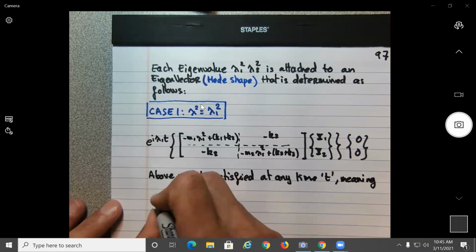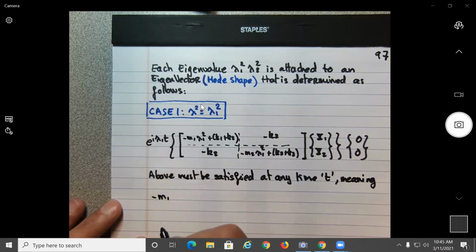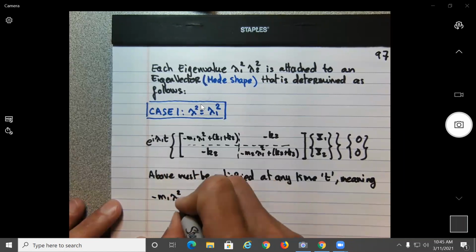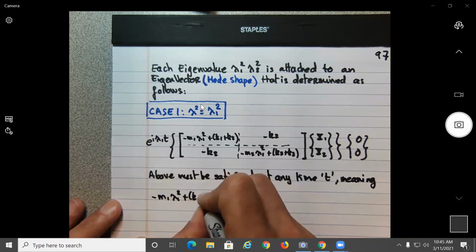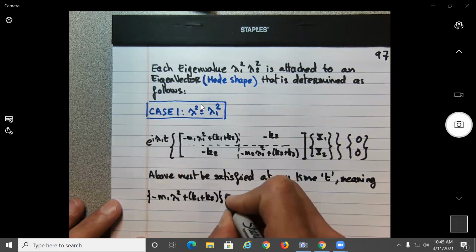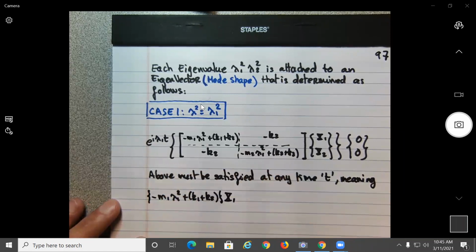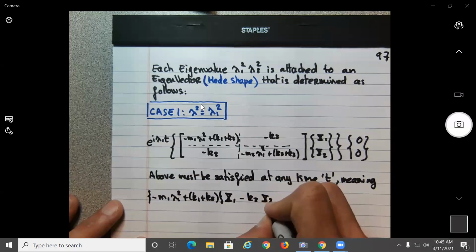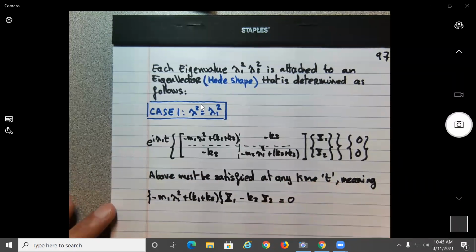Meaning what? That minus m1 lambda 1 square plus k1 plus k2, times capital X1, minus k2 capital X2, must be equal to 0.